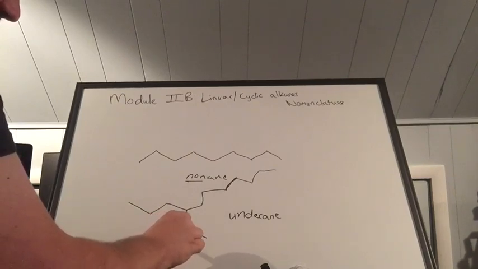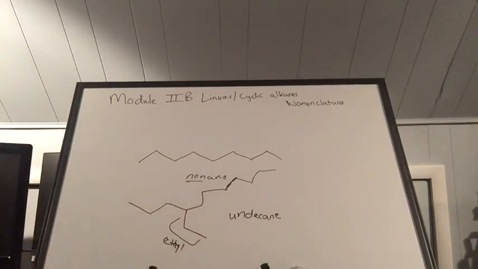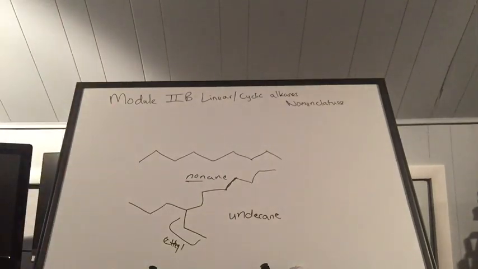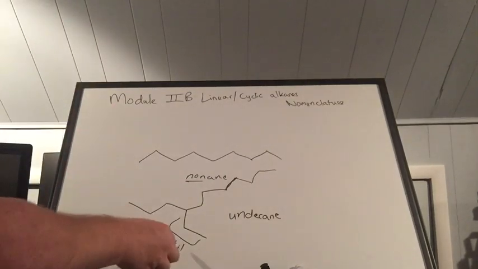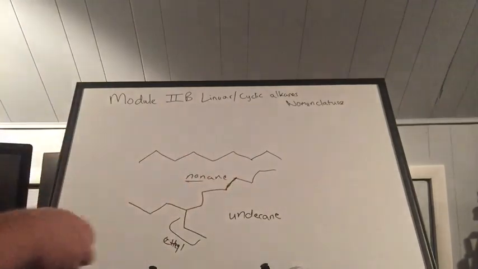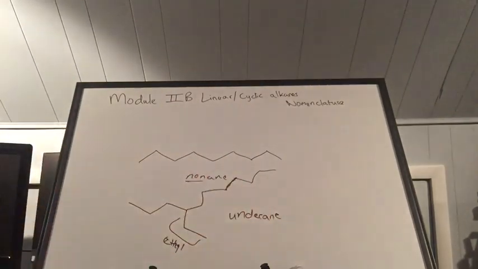So not your Aunt Ethel, but ethane. So in other words, 2 hydrocarbon chains, right? If you shave off that ANE and add YL, that's to denote that it's some kind of alkyl branch that's coming off of the main chain, ANE, right?